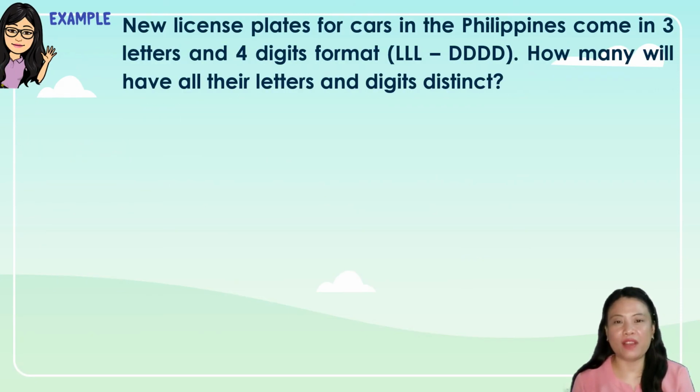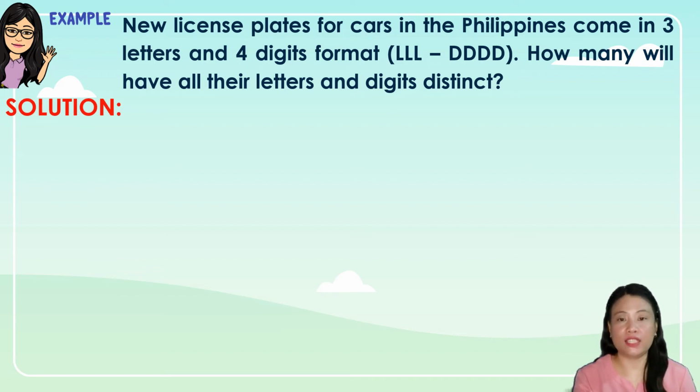Let us have our final problem. New license plates for cars in the Philippines come in 3 letters and 4 digits format, like LLL, D, D, D, and D. How many will have all their letters and digits distinct? Solution. For all the letters and digits to be distinct, it means that no repetition is allowed.